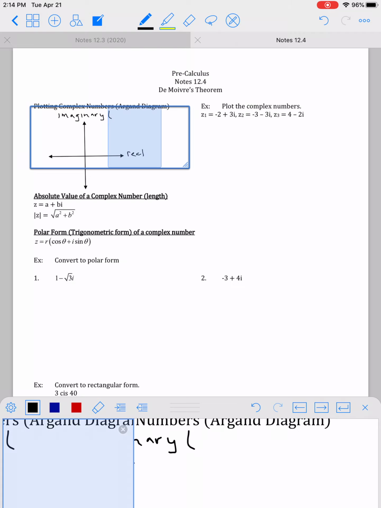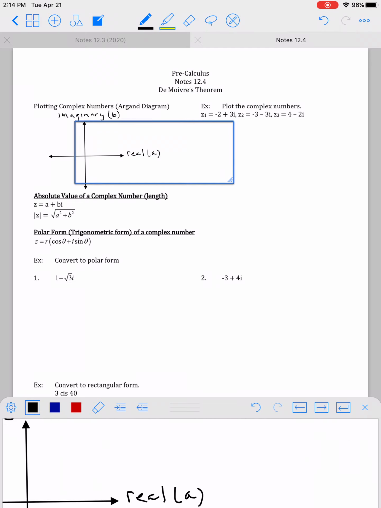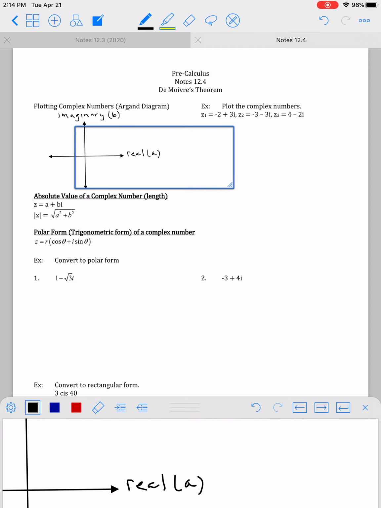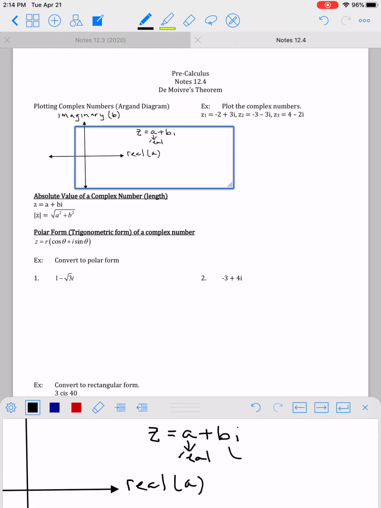And we'll say that this corresponds to B, and the real axis corresponds with A. So if we take a complex number and we put it in rectangular form, we have z equals a plus bi, and we've worked with complex numbers before. A is the real and b is the imaginary, and we would plot them like a comma b.